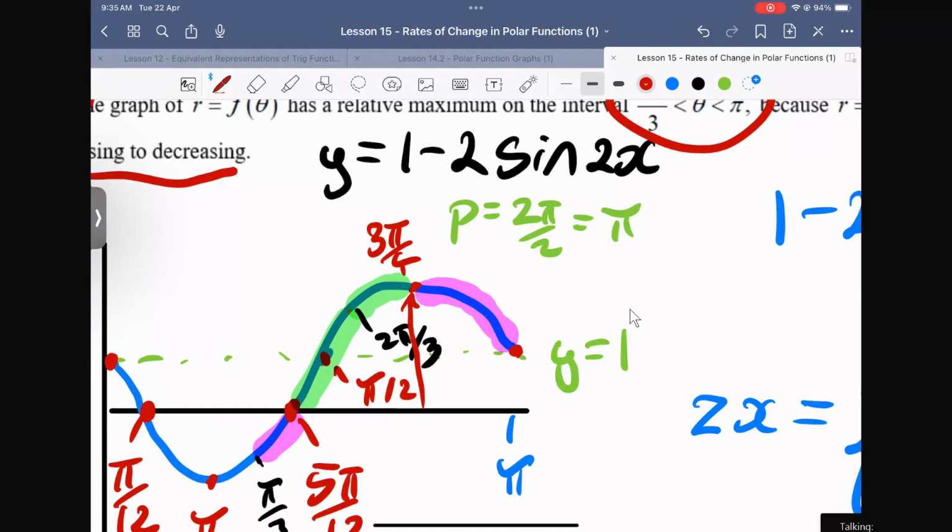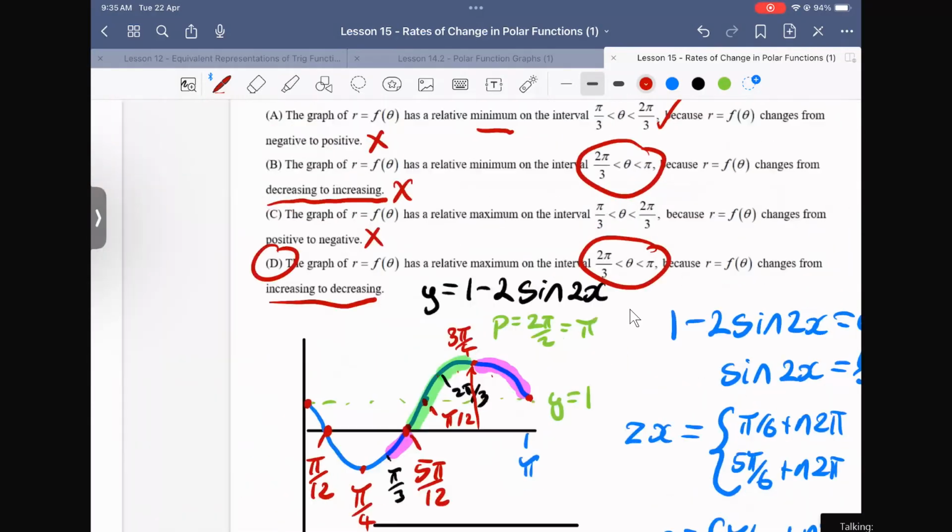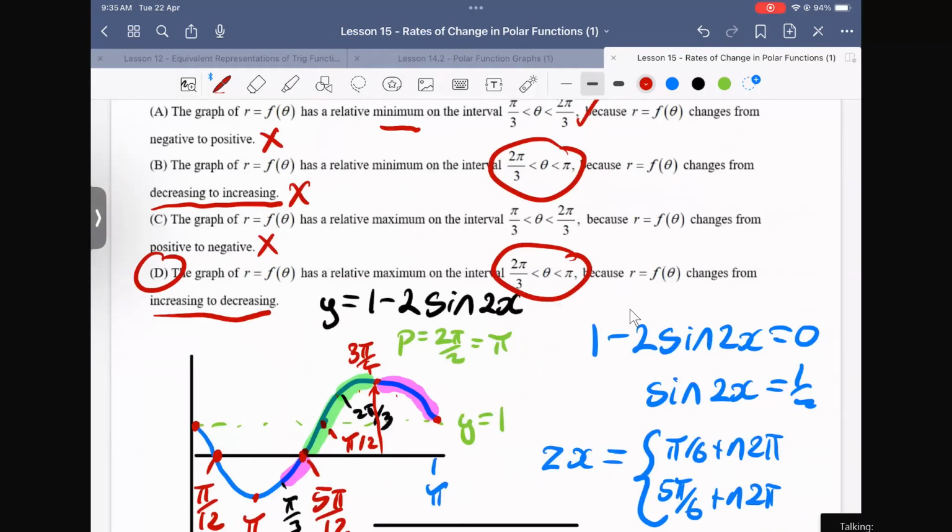But the reason it is a maximum is because the distance on the polar curve between the point on the polar curve and the origin is first increasing and then decreasing. That gives us a maximum. So here on this one, it goes from increasing to decreasing, which gives a maximum on this interval. So this is the correct one.